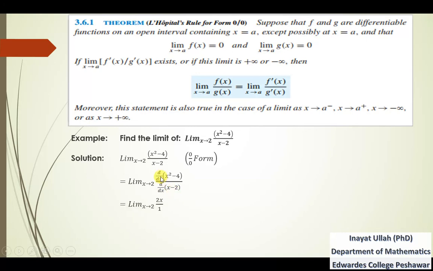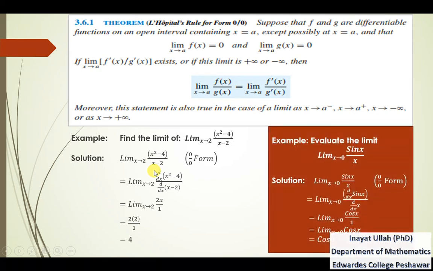So the limit as x tends to 2 of 2x by 1. Now if you replace x by 2, we get 2 2s are 4, and that is the limiting value of this rational function.